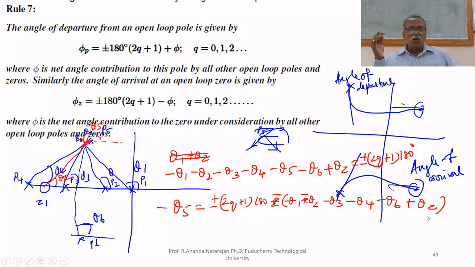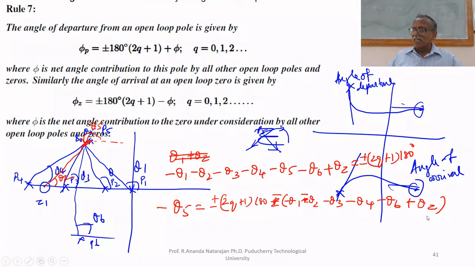But I know that S0 and P5 are very, very close. That's why the angle from P5 to P1 and the angle from S0 to P1 are the same. Can I say like that?